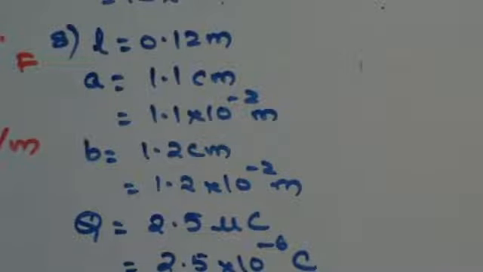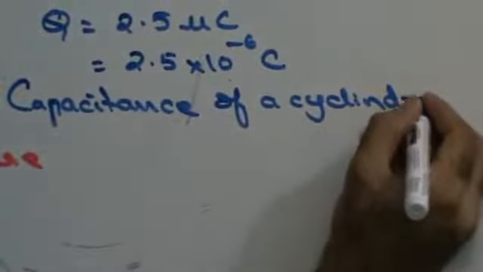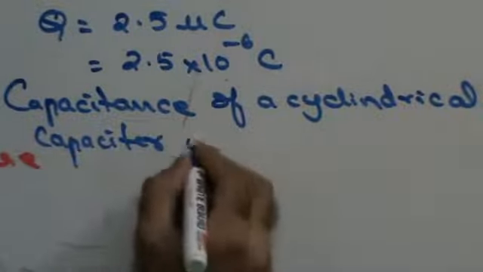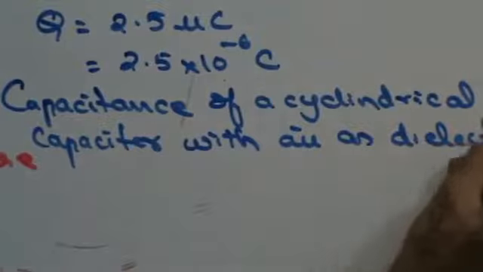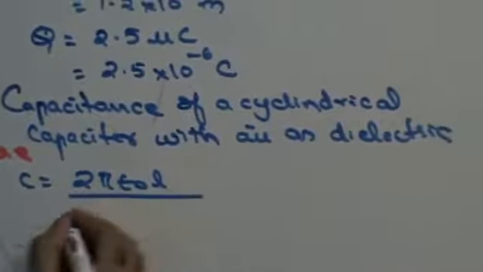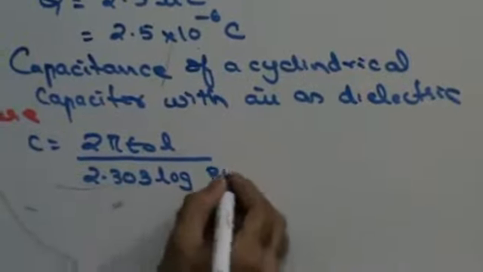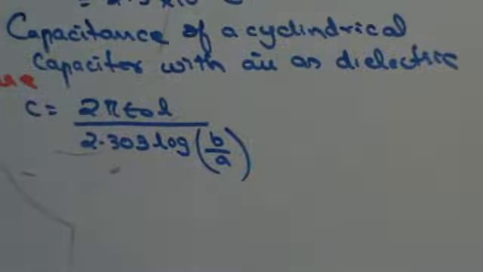Now the capacitance of a cylindrical capacitor with air as dielectric is given by the formula C is equal to 2 pi epsilon 0 L upon 2.303 log of outer radius by inner radius, that's going to be B upon A. That's your formula for cylindrical capacitance, like I gave you the formula for spherical capacitance.